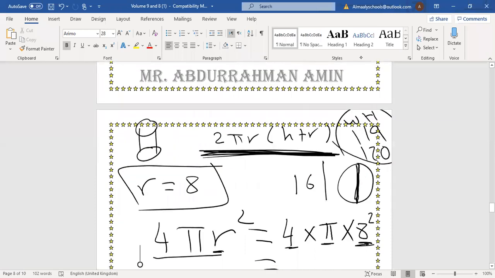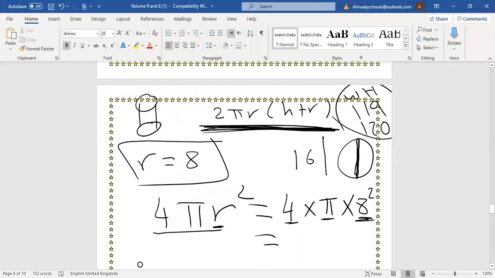The answer is 803.84. Very good. So you can write it as 8 power 2 multiplied by 4, equals 256. So the answer you can write is 256 pi. Any problem? This is the total surface area of the sphere.